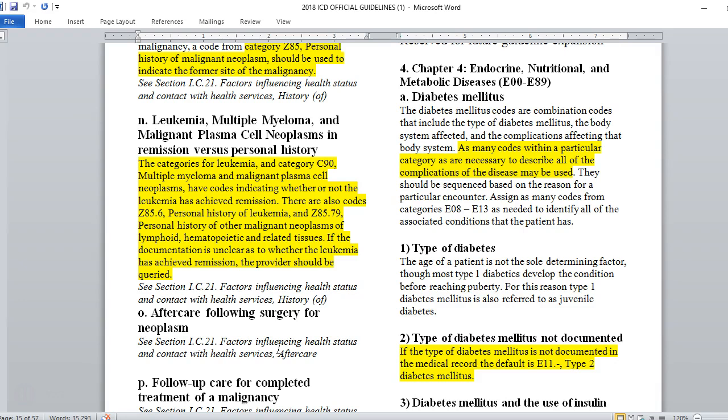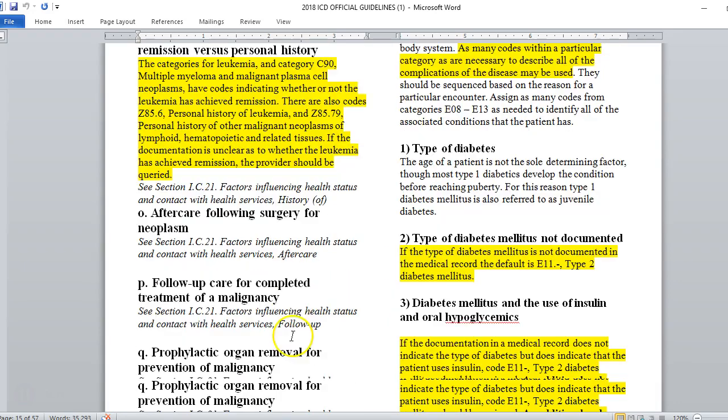If the documentation is unclear as to whether leukemia has achieved remission, the provider should be queried. So again, we need to have clear information from the provider about what is going on with the patient's leukemia. Are they in remission? Did they have a relapse? Or is this truly a personal history now?